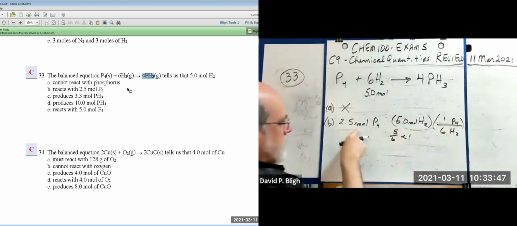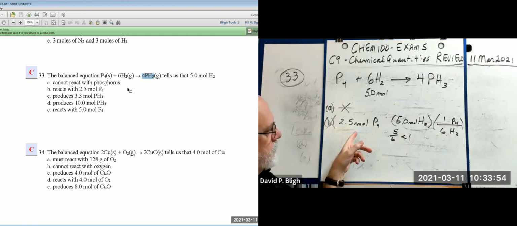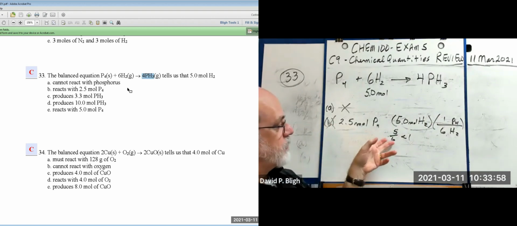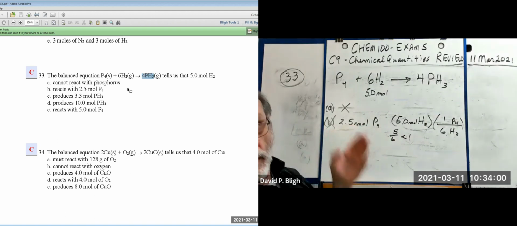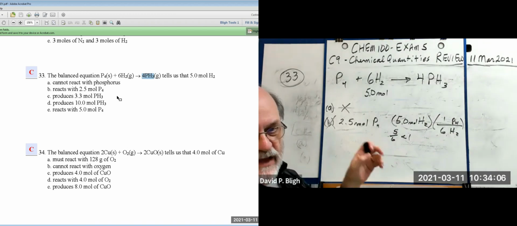That's less than 1, right? So that one can't be either. That's the wrong ratio, right? It's going to react with 5/6 of a mole of P4, right? So how about C? Produces 3.3 moles of PH3.